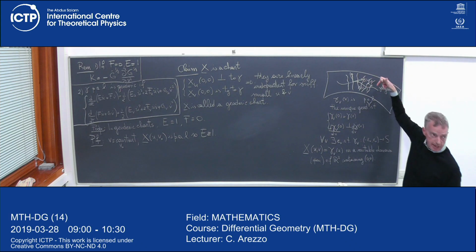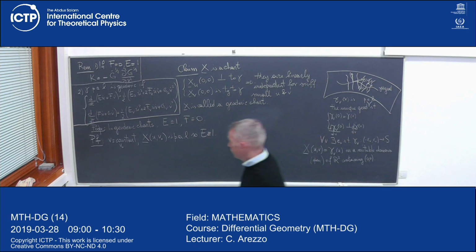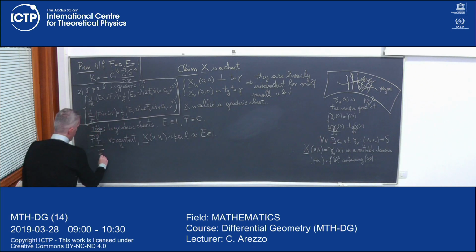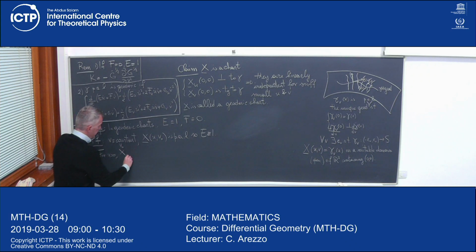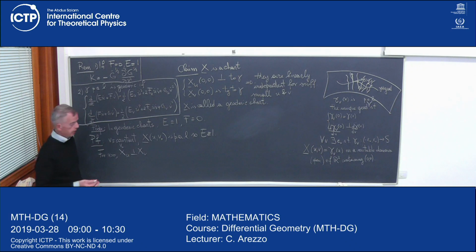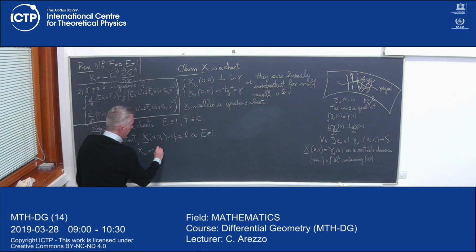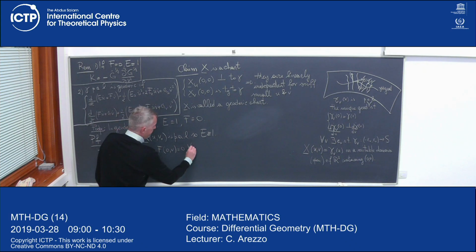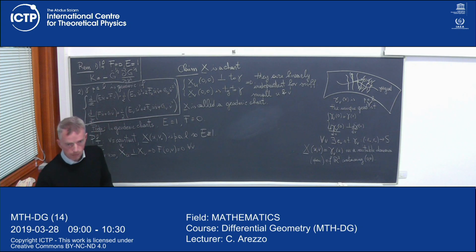But on the curve gamma, meaning for u equal to 0, on gamma, we know xu is orthogonal to xv, because we constructed it this way. So, F, this means what? That F of 0v is equal to 0 for any v. Okay?